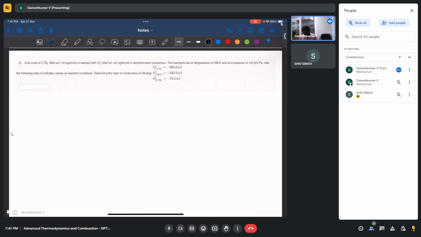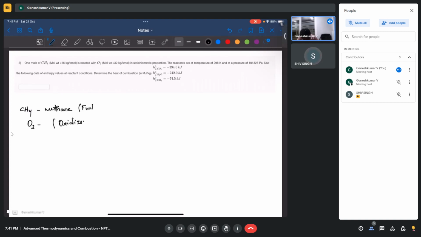Let's say you have CH4, which is methane, right? So methane, and you have oxygen. This is the fuel, and this is the oxidizer.